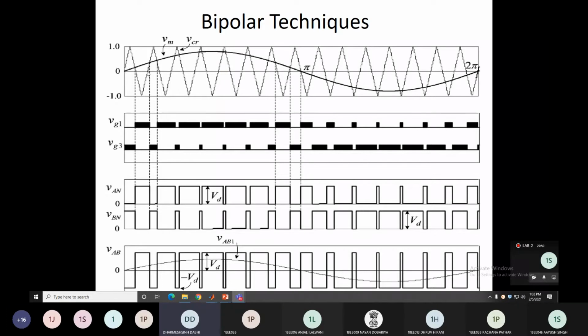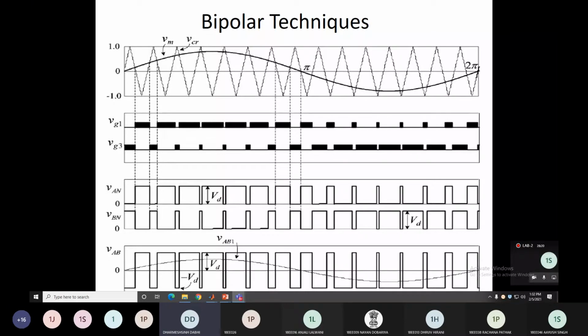Clear? So how many of these complete cycles are there in this one complete cycle of the reference signal? Calculate. This is 1, 2, 3, 4, 5, 6, 7, 8, 9, 10, 11, 12, 13, 14 and 15. Clear?